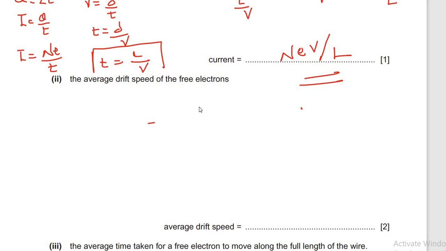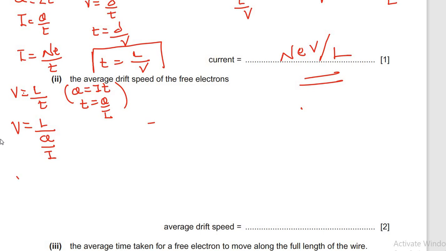Velocity is distance over time. The distance in this case is L, all over time. That's velocity. Remember that Q equals IT, so time is Q over I. So our velocity will be L over T, where T is Q over I, which can be written as Li over Q. And don't forget that Q is number of electrons.